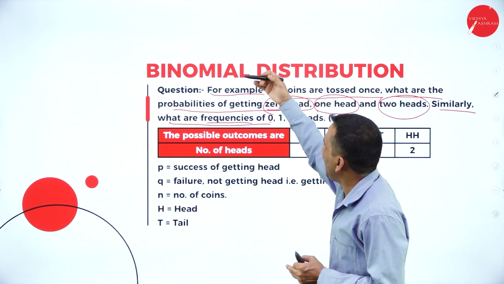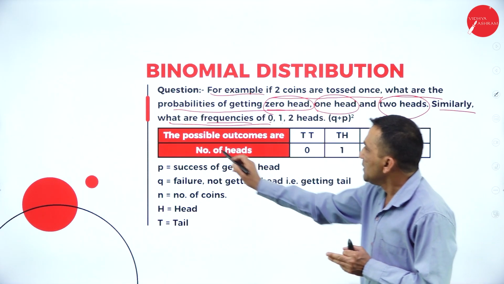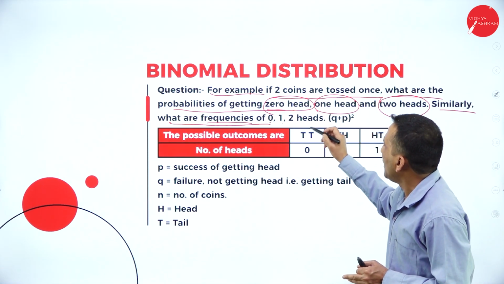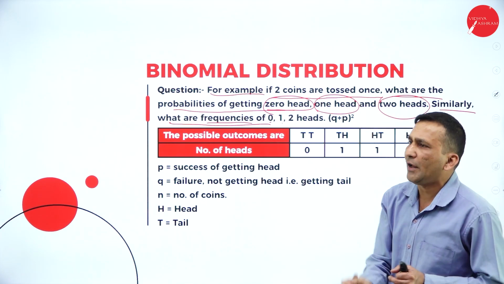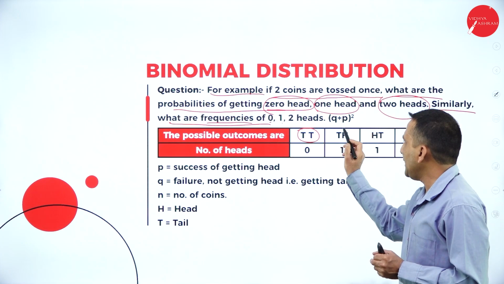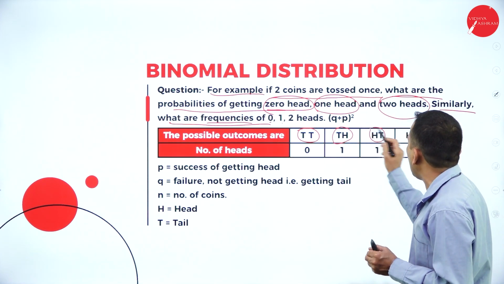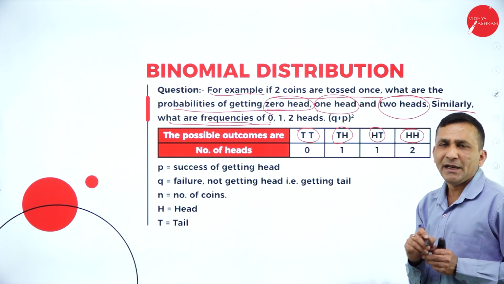So using this information we try to convert it into tabular format. The possible outcomes: if you toss two coins at the same time, you may get tail, tail; one time head and one time tail, or head and tail; or 2 times head only.